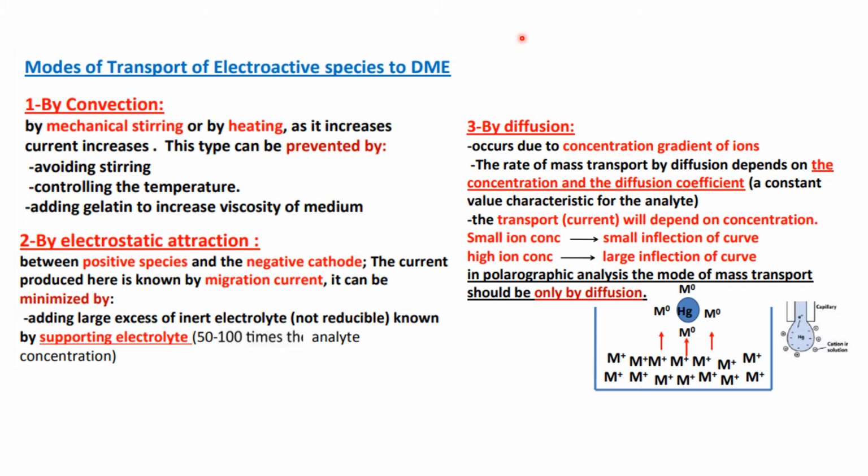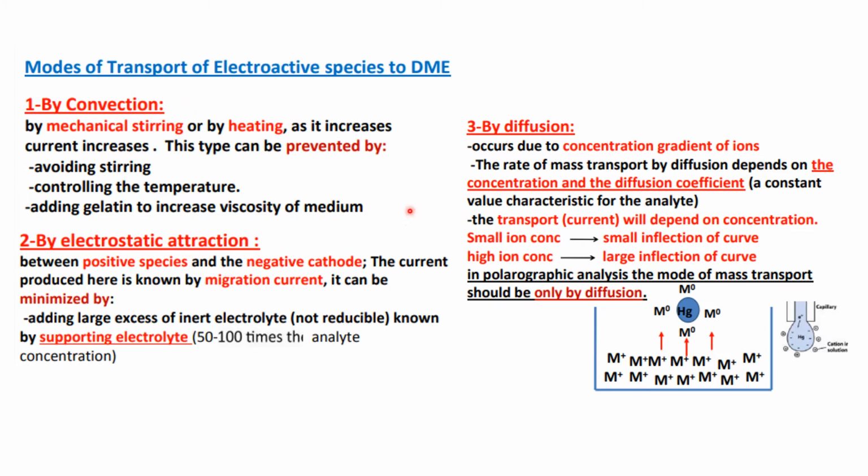That is, when this happens, there is a concentration difference of cadmium 2 plus across the electrode, and that leads to current flow. Now, when you consider the mode of transport of the electroactive species, for example the cadmium 2 plus ion, that can take place through three different methods: by convection, by electrostatic attraction, which is also referred to as migration, and by diffusion.